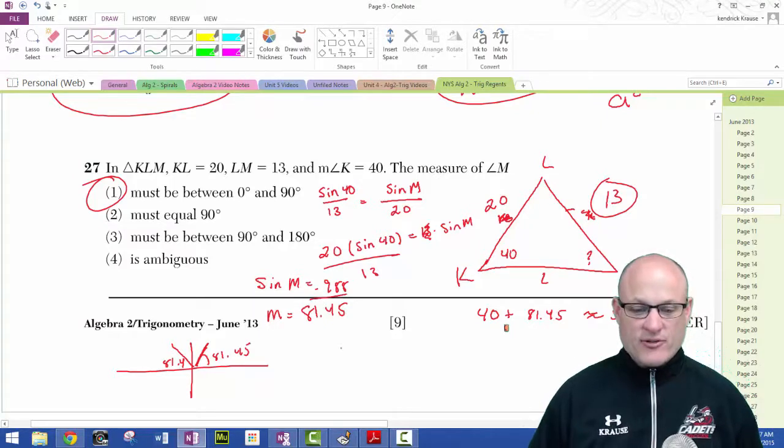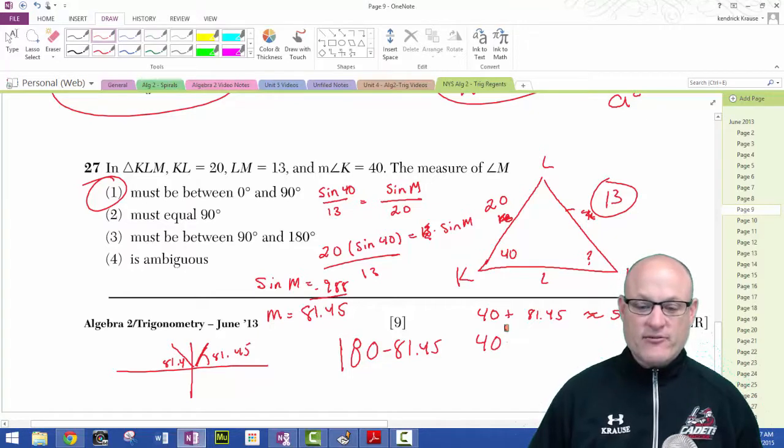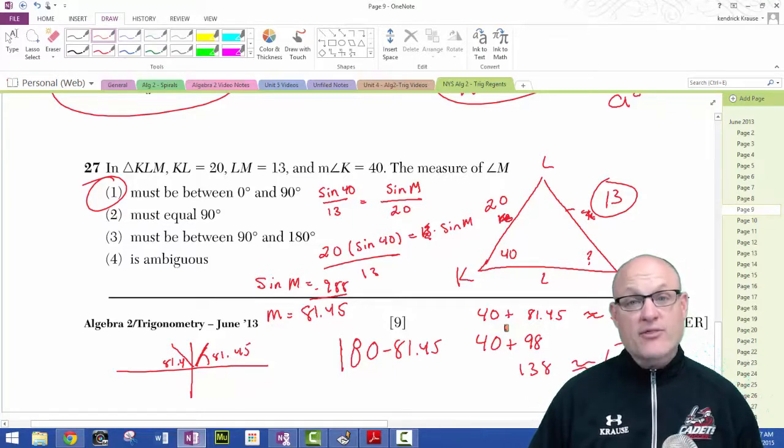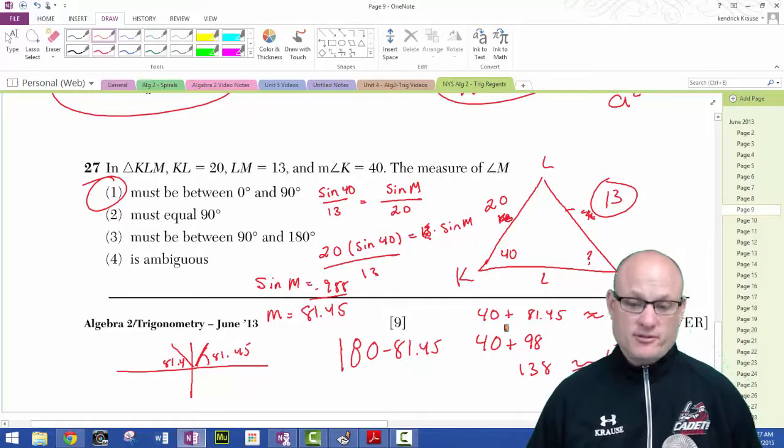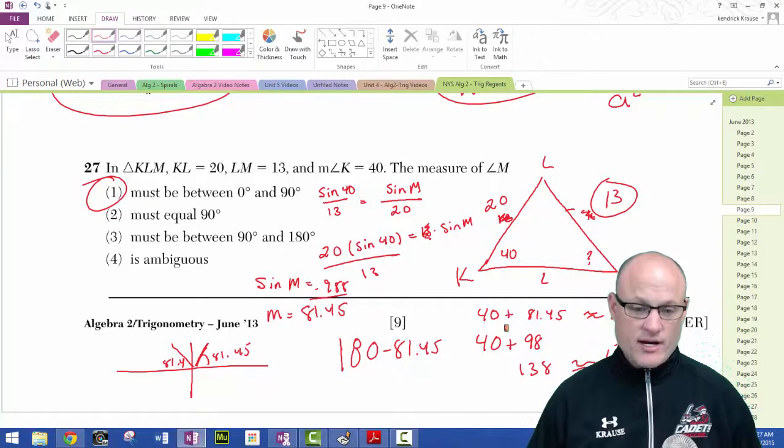So really what I have to do is take 180 and subtract off this 81.45. Well, that's going to give me like 99 or 98 degrees. Let's say it gives me 98. So if I take the 40 and I add in the 98 degrees, that's about 138, which leaves me plenty for a third angle. So I can make 2 separate triangles from this one.